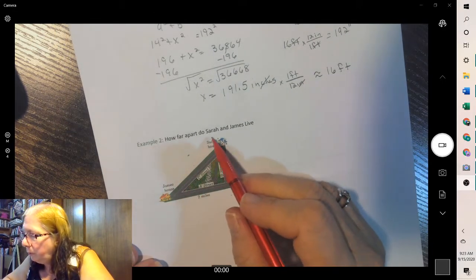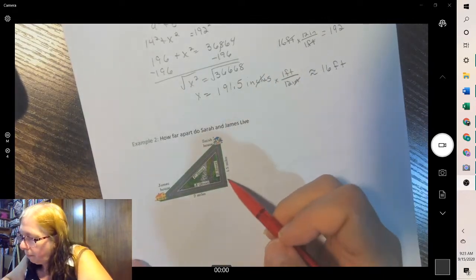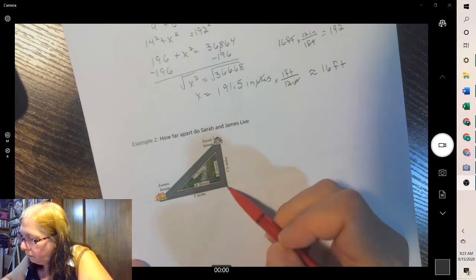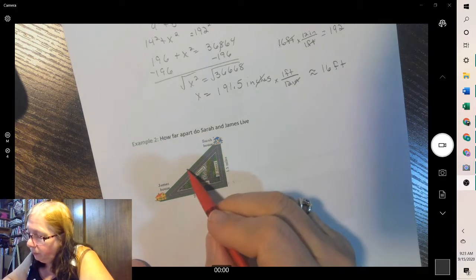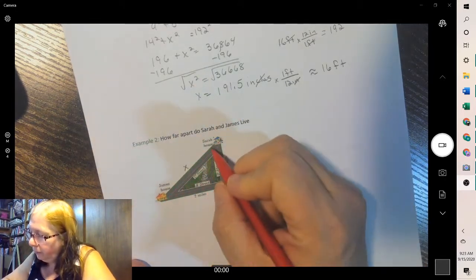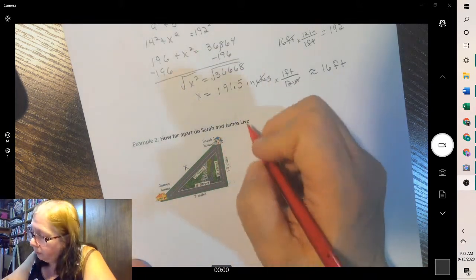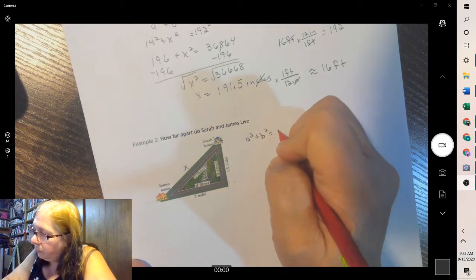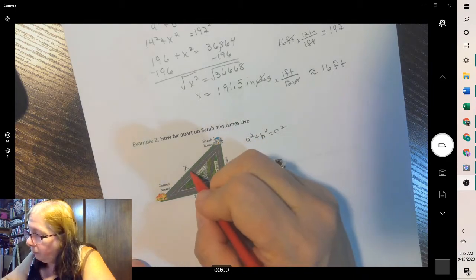How far apart do Sarah and James live? Well, let's see. Notice we're given miles. Those are the two legs, and we're looking for the hypotenuse because we want to know how far they live. So again, we're given two sides, looking for the third. It would be a squared plus b squared equals c squared. This time, though, we're looking for the hypotenuse.